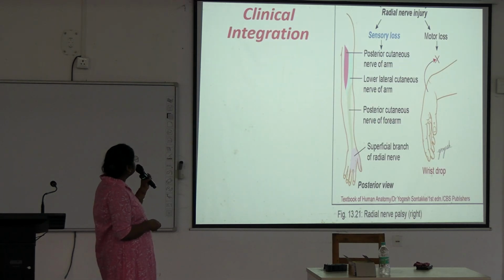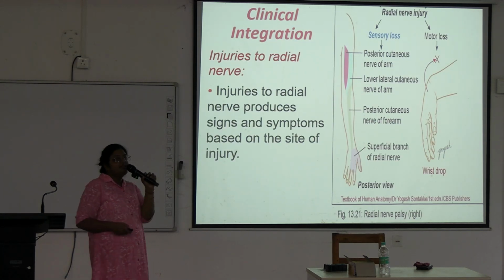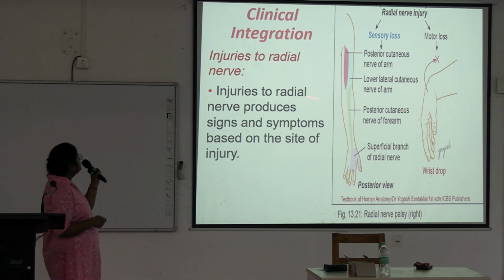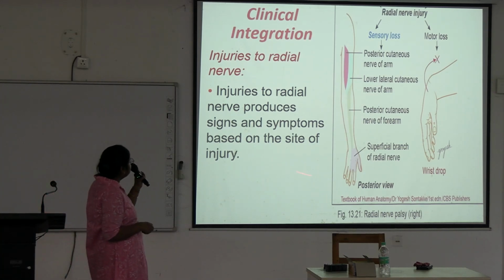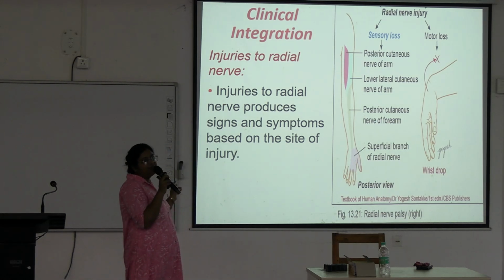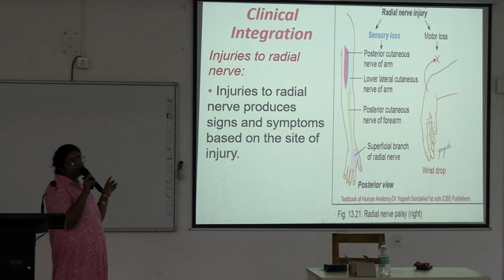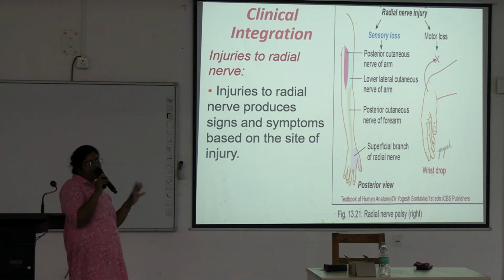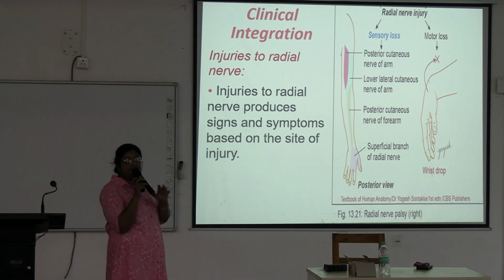So next we are going to the clinical aspect. Radial nerve injury. Injury to the radial nerve produces signs and symptoms based on the site of the injury. The more proximal the injury, the more prominent the signs and symptoms will be.